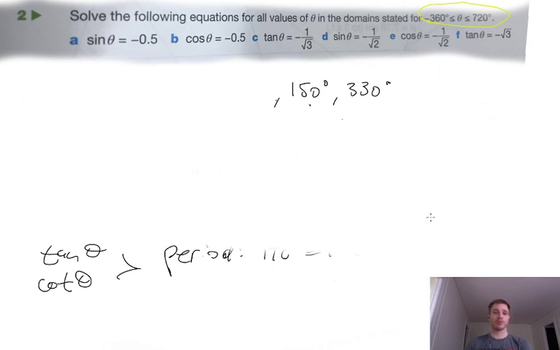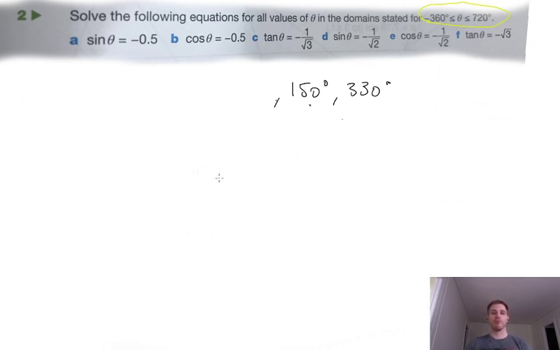So we're going to use the same method that we did before, but this time we actually have to keep in mind that our period is different. So we need to figure out the angles that are between -360 and 0. Okay, so let's subtract 180 from 150.